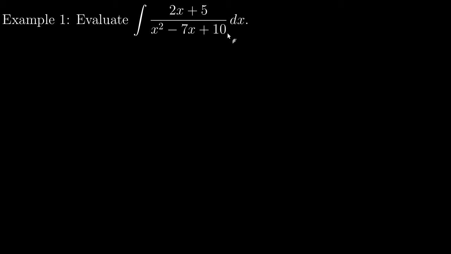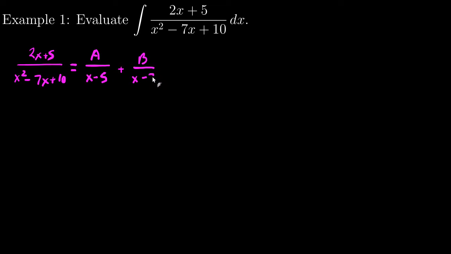I look at the denominator, and in here I see that the denominator factors as x minus 2, x minus 5. And so let me do it this way. I'm going to want to make 2x plus 5 over x squared minus 7x plus 10 equal to the sum of fractions 1 over x minus 5 and the other over x minus 2.